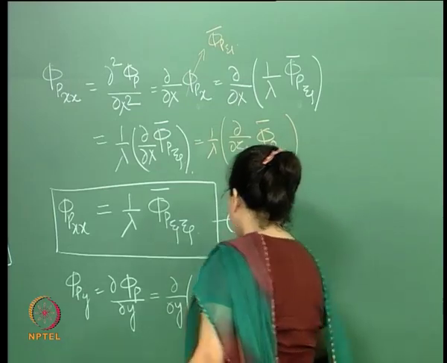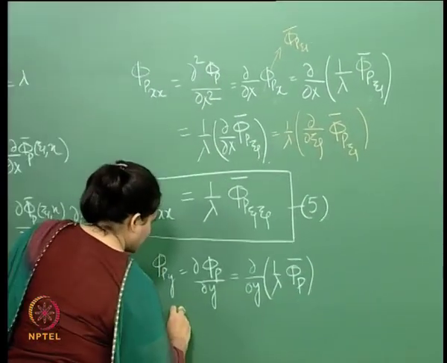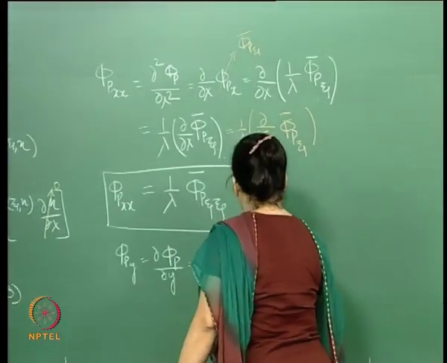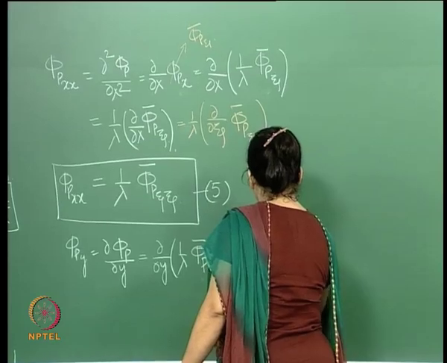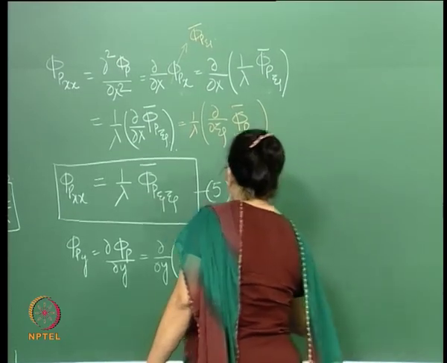If I expand this, essentially what I am getting here is 1 by lambda del phi p bar del y.